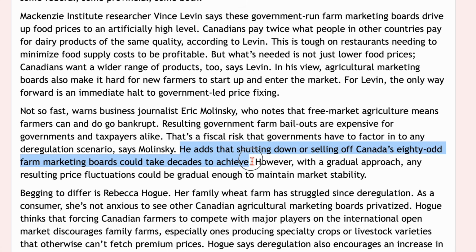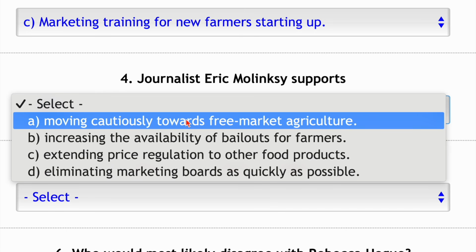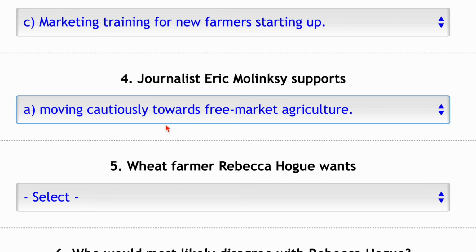He adds shutting down or selling off Canada's 80-odd farm marketing boards could take decades to achieve. However, with a gradual approach, any resulting price fluctuations could be gradual enough. So gradual, that's the key. So slowly, gradually, cautiously moving towards free markets. That's what he means here.